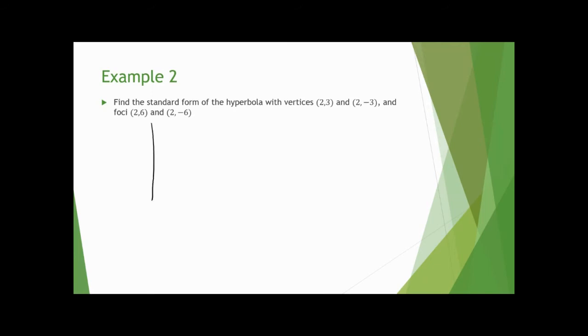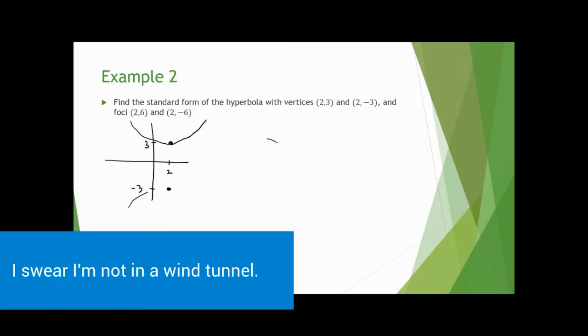So I'm going to start by drawing my picture. And because they're vertically aligned, that means I'm going to have a vertical hyperbola.